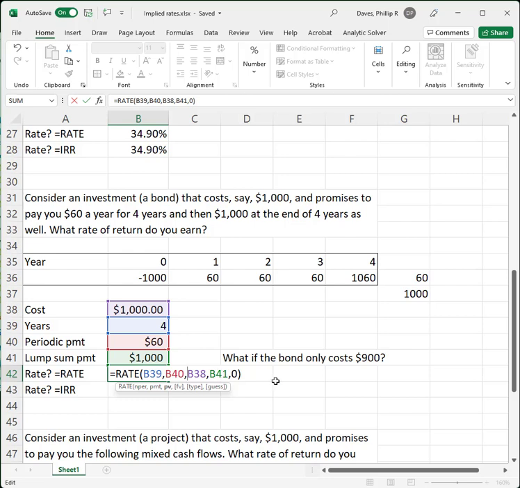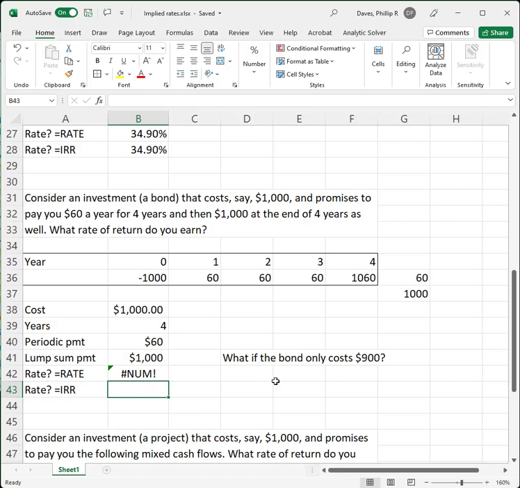Now, economically, what Excel would be trying to do is to say, what kind of investment will give you $1,000 now, will give you $60 a year for 4 years, and then give you another $1,000 in year 4, and you don't have to pay anything? And the answer is, well, no kind of investment is going to do that, and it's going to give you an error.